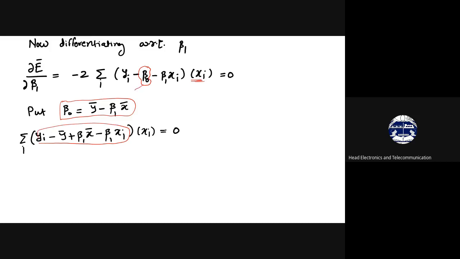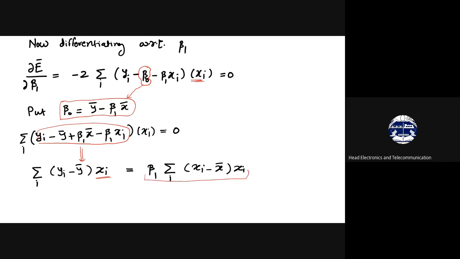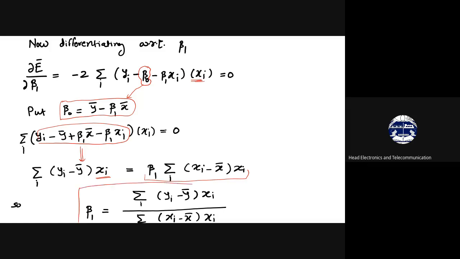Here I am substituting this thing. If I simplify further, this will be the next step. I take this xi out and I bring this beta 1 into all these things here. Now this becomes my beta 1. If you see carefully, it is i equal to 1 to n, and obviously i equal to 1 to n here also.